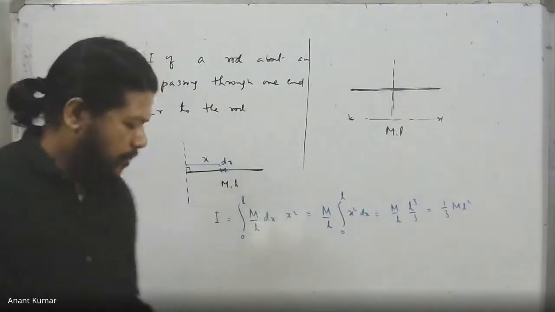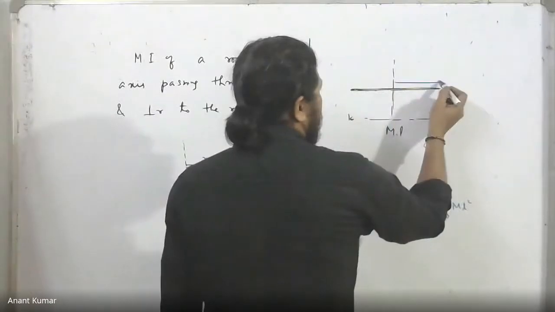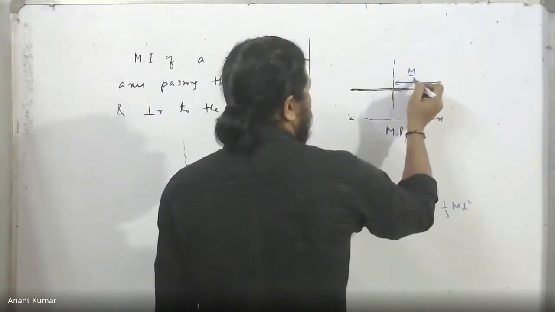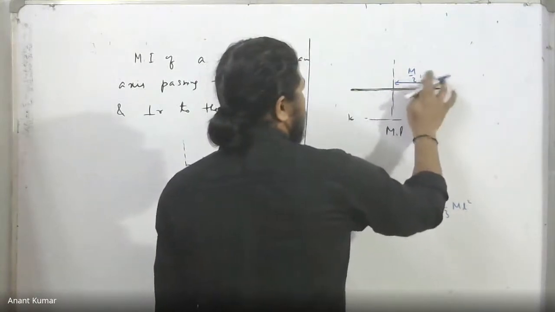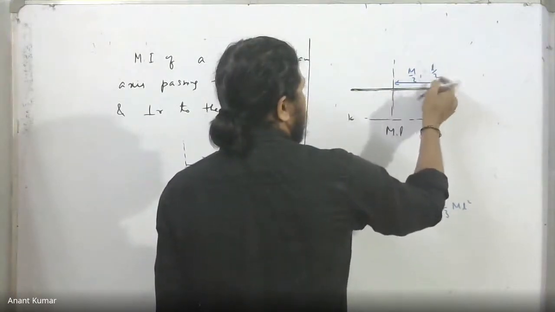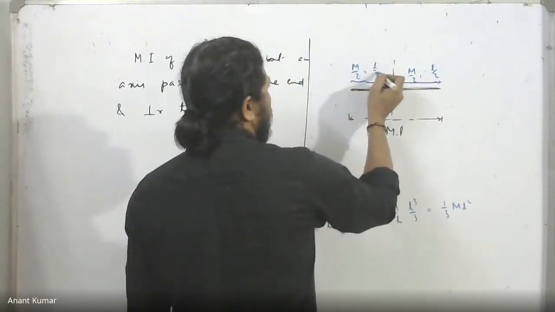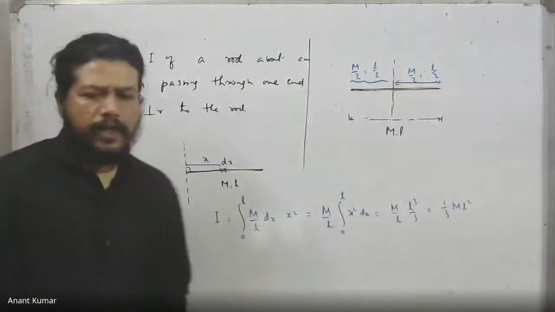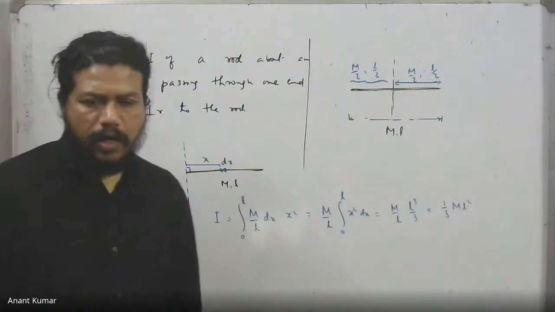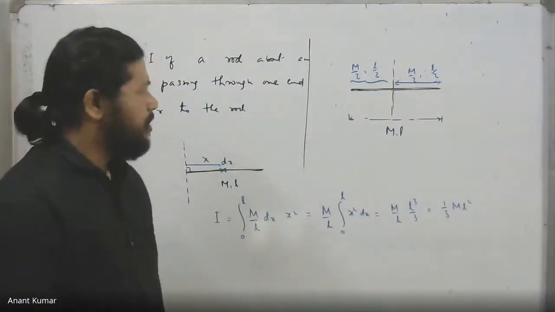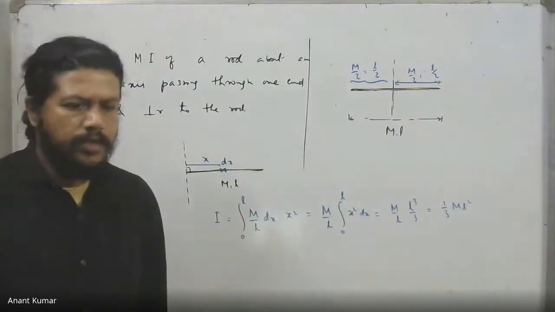Think of this as made of two rods, one of them with mass m/2 and length l/2. That's one of the rods. And the other one is this part, which is again m/2 and l/2.